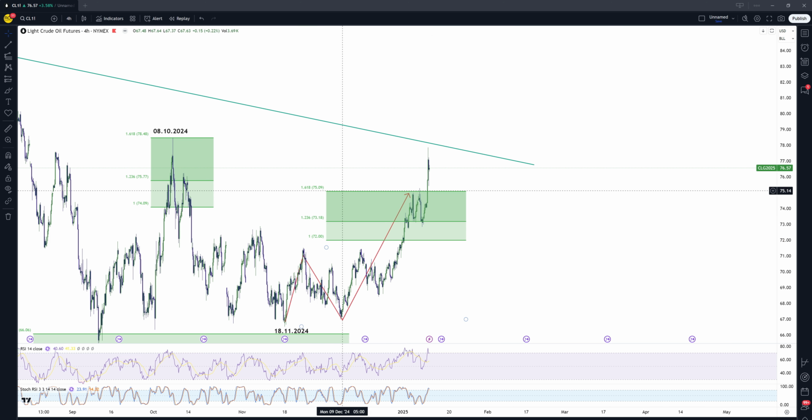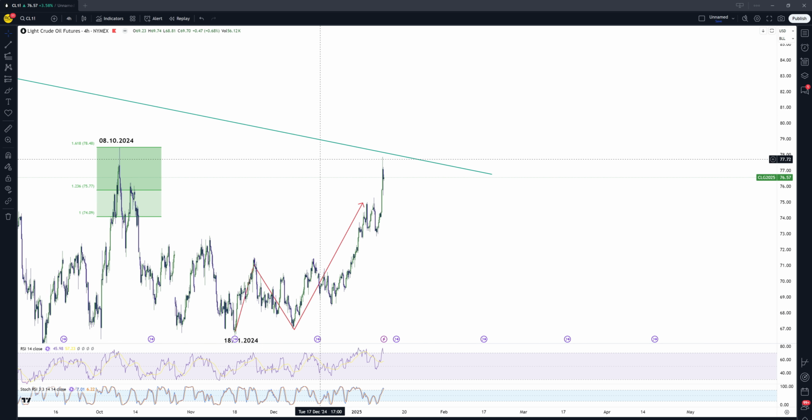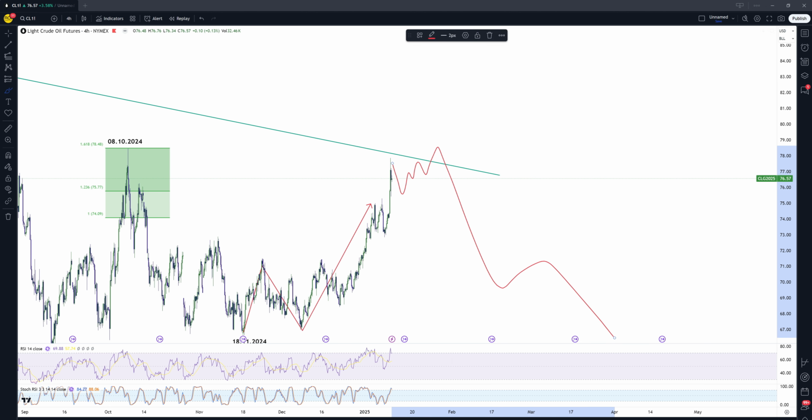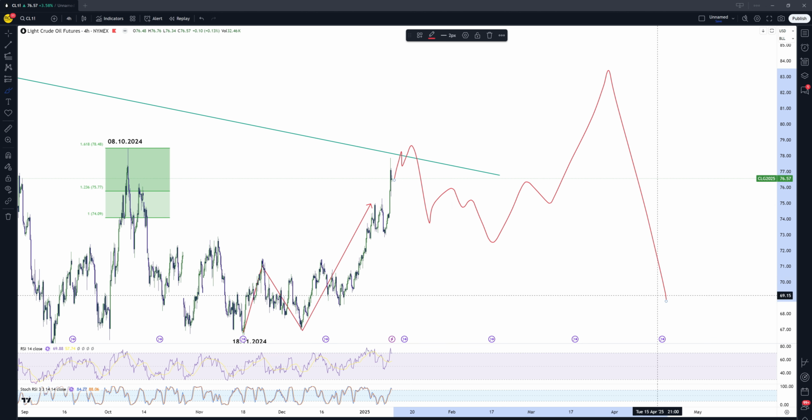We have broken the 1.618, which can be typical if this is a double correction higher. So right now the market needs to give us some hints during the week whether we will see from here an ending structure for a complete reversal, or whether the market is just going to give us a pullback and then do another push to the upside before it falls again.